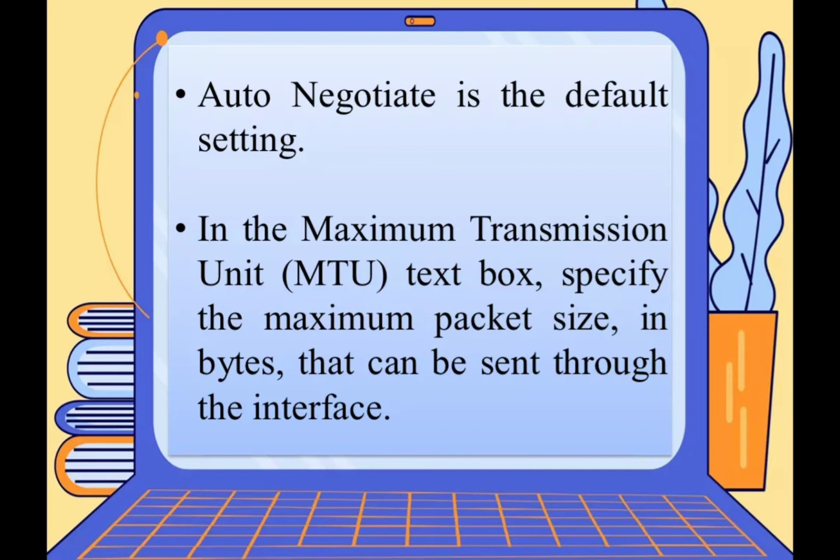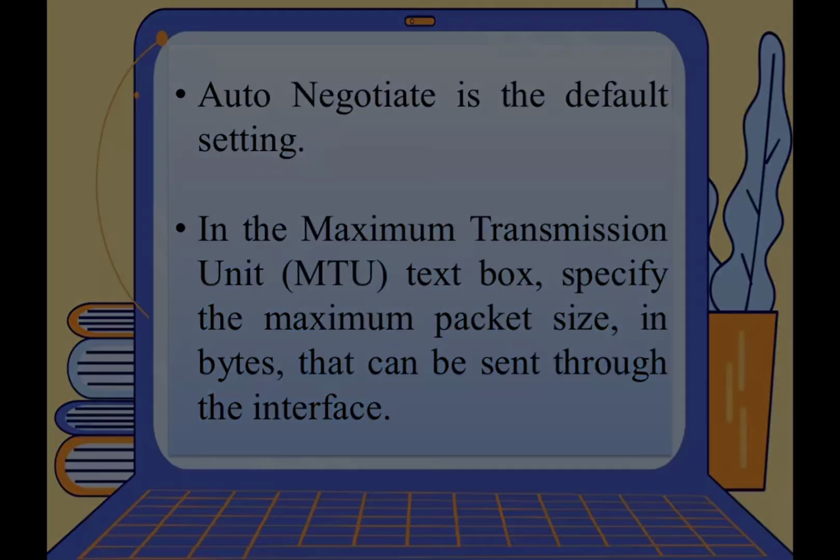Then the next is, in the maximum transmission unit, or MTU, text box, specify the maximum packet size in bytes that can be sent through the interface. It is also recommended that you use the default 1500 bytes unless your network equipment requires a different packet size.